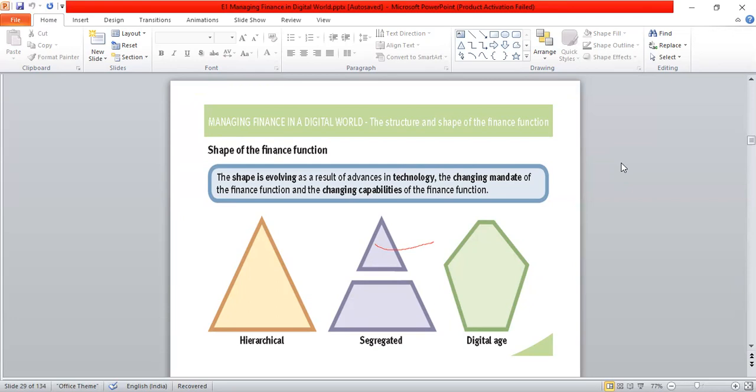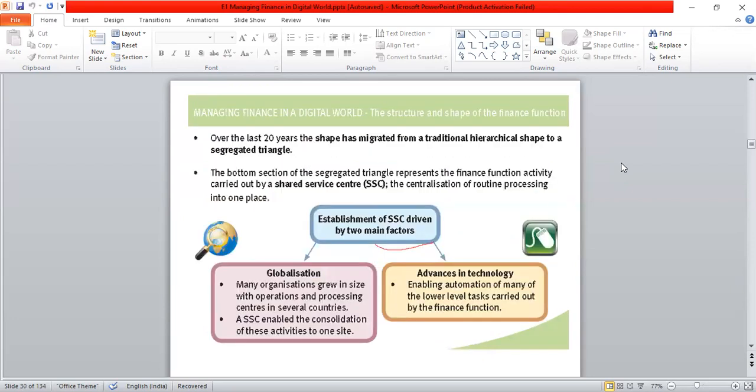Then we see the next one to be a diamond shape. That's a digital age. So what happened to this shape? See, one more important point, why is there a segregated shape? Why did they end up having a segregated shape?